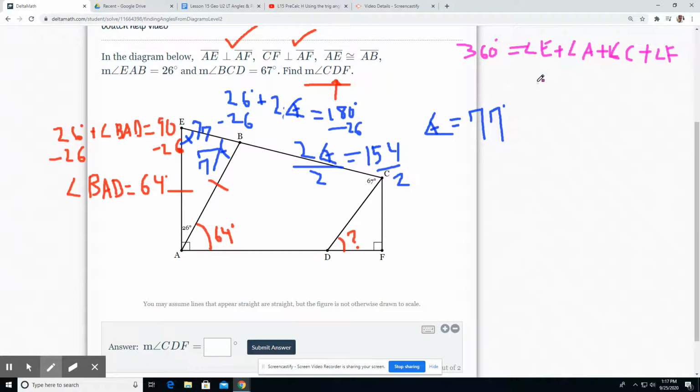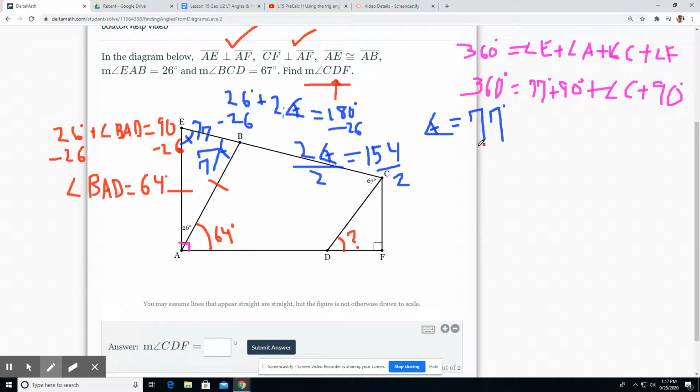Okay. Then we'll just plug in each part. So 360 is equal to, and that's 90 right there. For angle E, sorry, angle E is 77. Let's go in order. So 77 plus angle A, that's our 90. Plus angle C. That's what I'm looking for right here, angle C. Plus angle F, that's 90.